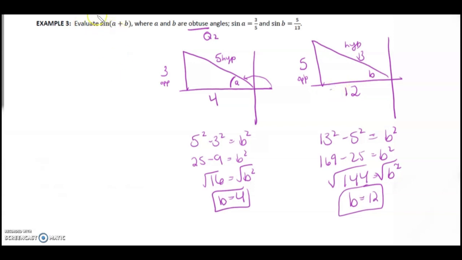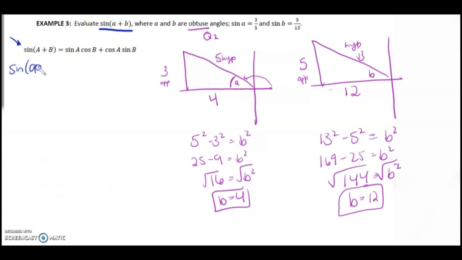Okay, evaluate sine of A plus B. A plus B like this, we can't do anything with. But let's take a look at what sine of A plus B expands to. I took this straight off the note and it just works. It's the same thing, just lowercase.